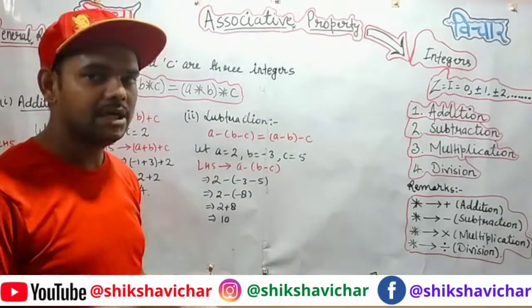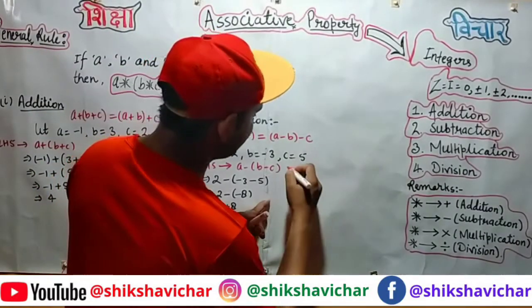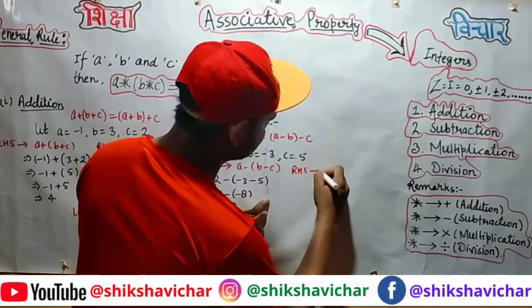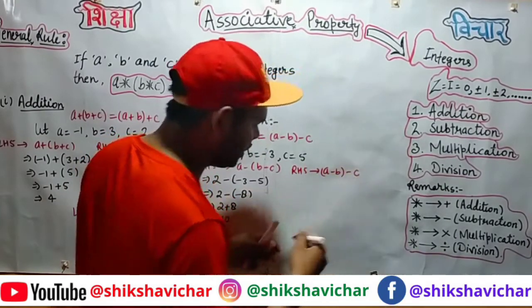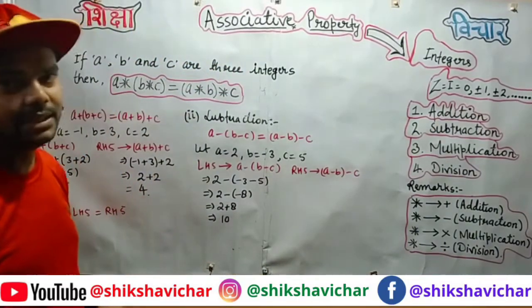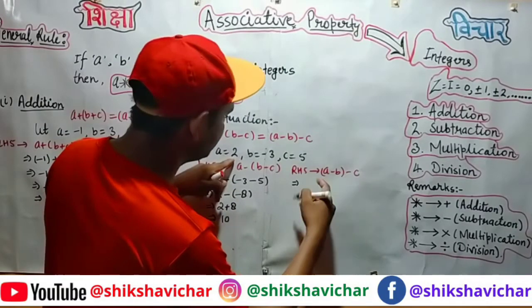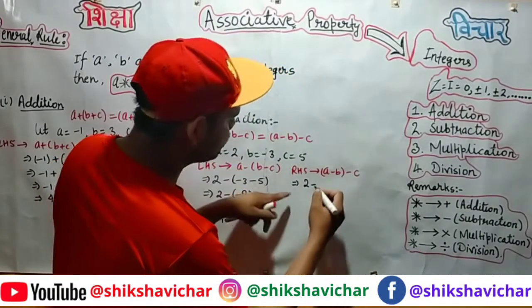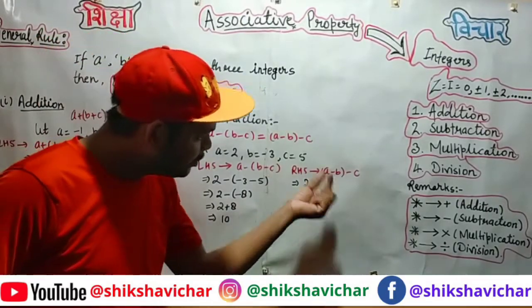Now we will check the right hand side. So what is the right hand side? Right hand side is RHS, that is a - (b - c). We will put the values and see what output comes. This implies a, what is a? 2, minus, b, what is b? -3. Now see, we have two negative signs.